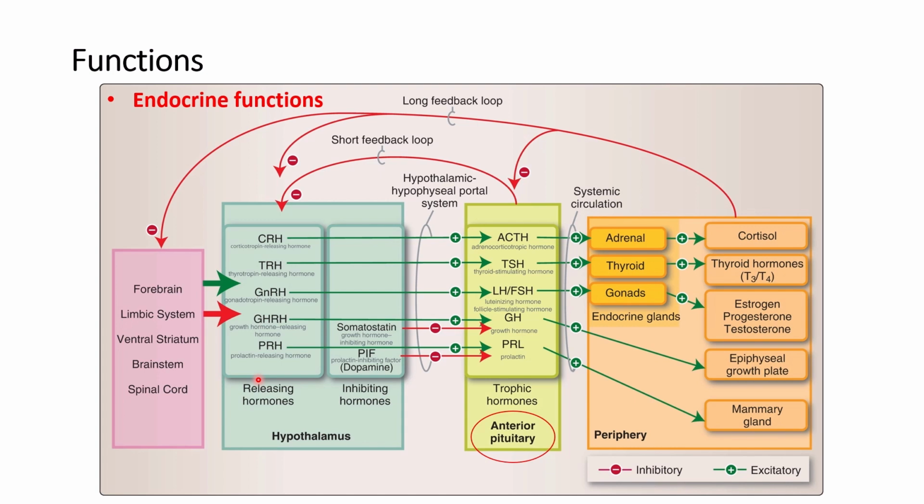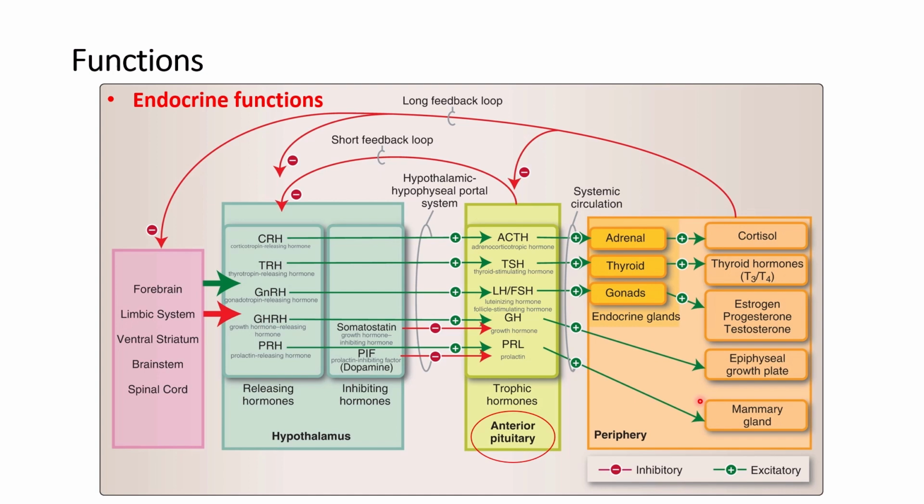Prolactin releasing hormone is released from the hypothalamus. It goes to the anterior pituitary and can cause production of prolactin, and that will affect the mammary gland or the breast, and that will cause production of milk.